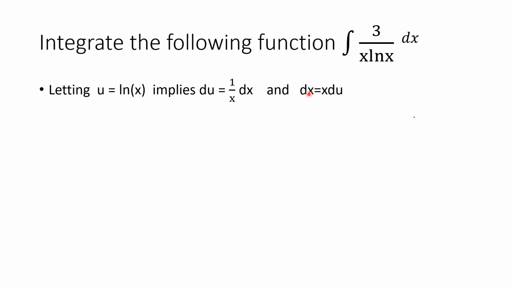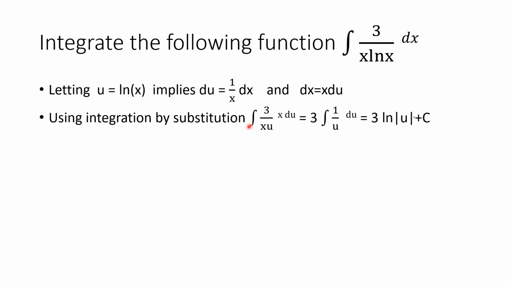Now we just plug in, instead of ln x, u, instead of dx, we will put x du. That's going to be something like this: integration of 3 divided by x, and this is u, which represents ln x, and this is x du, which represents dx.